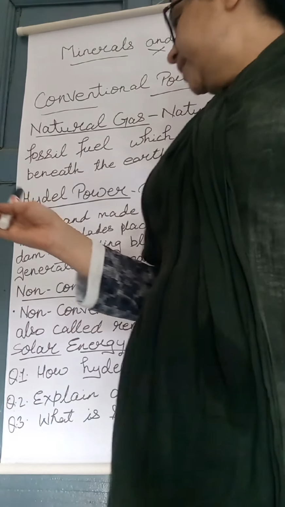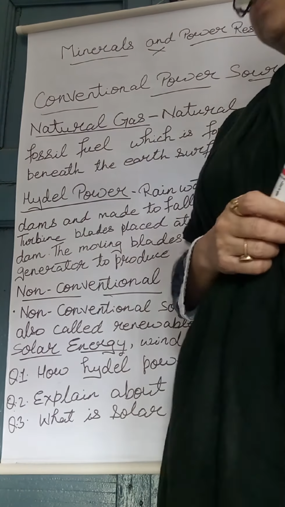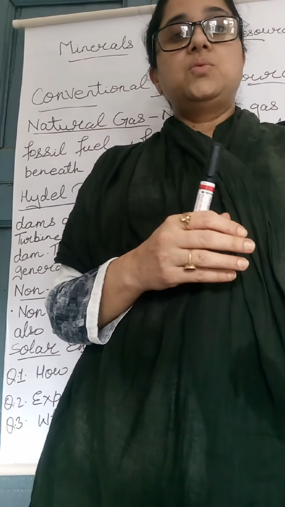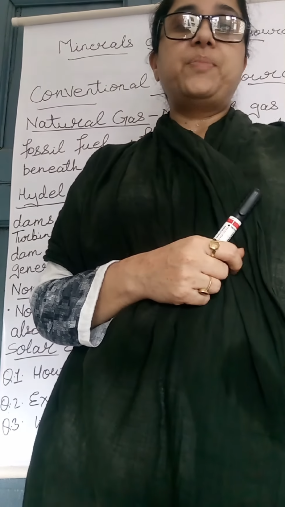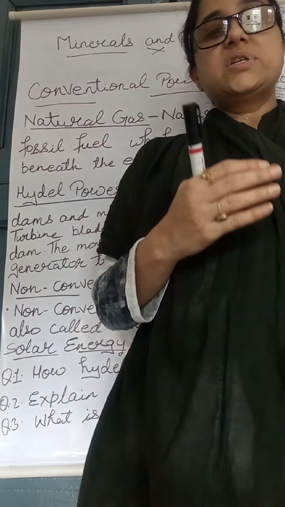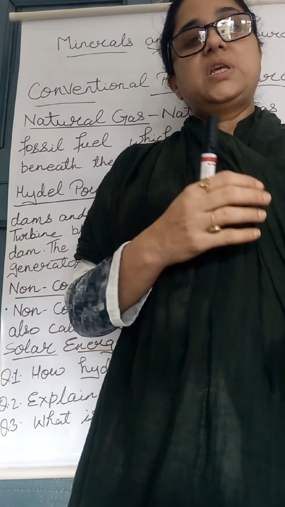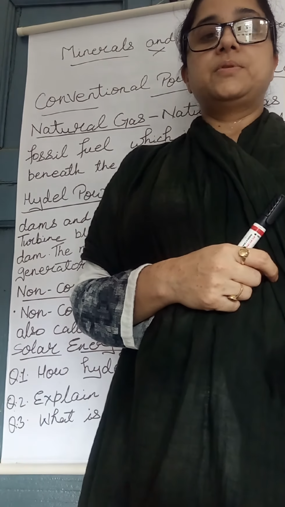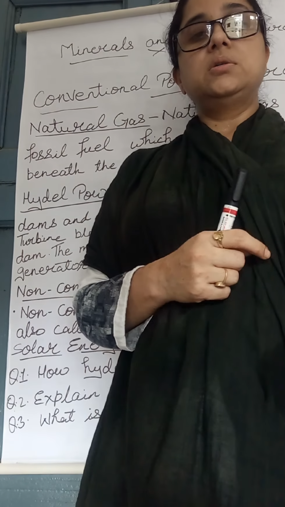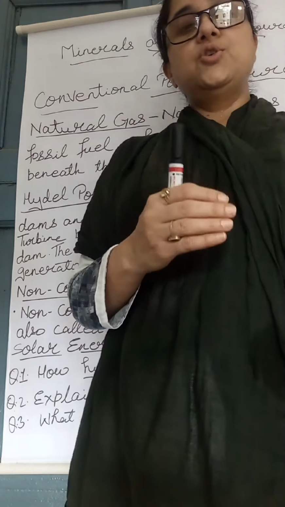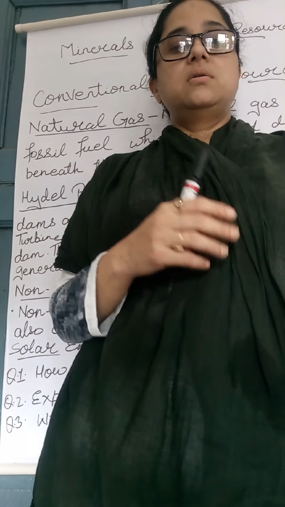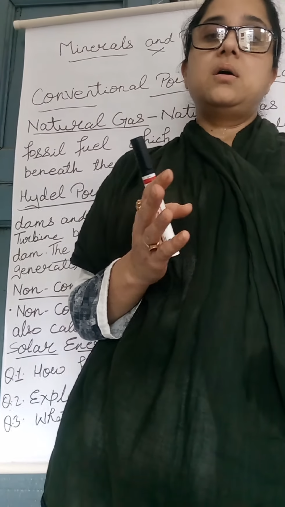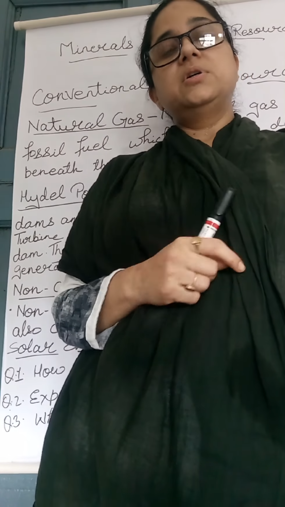Now, next topic, hydropower. What is hydropower? Hydroelectricity is generated from the force of falling water, which is used to rotate the turbines in a hydropower station.